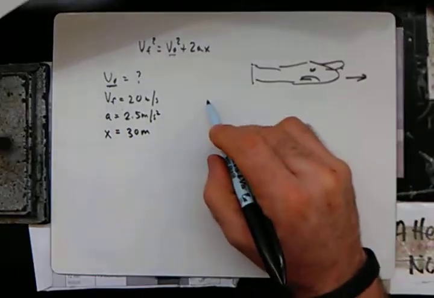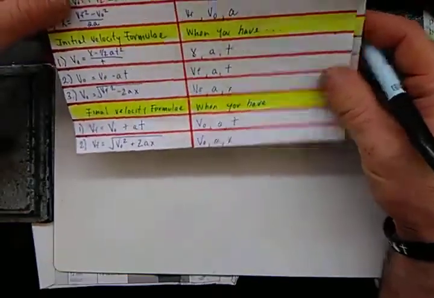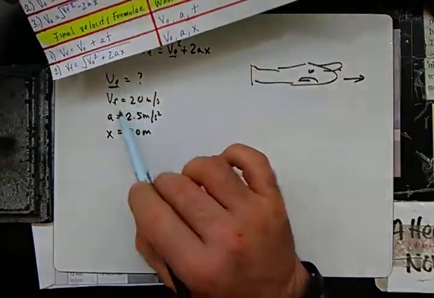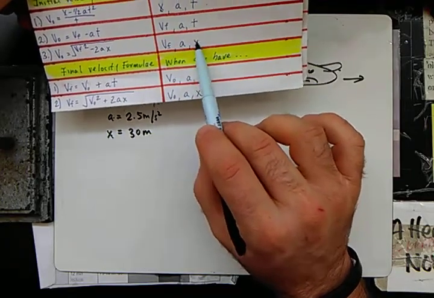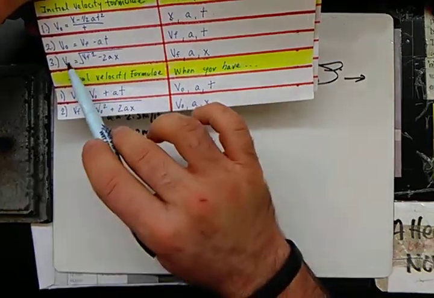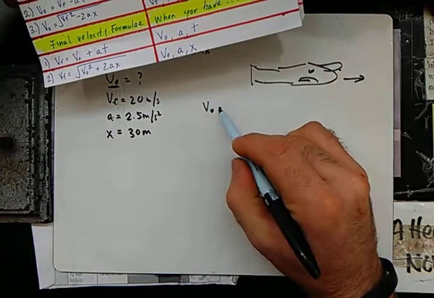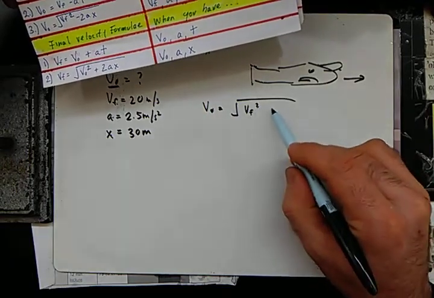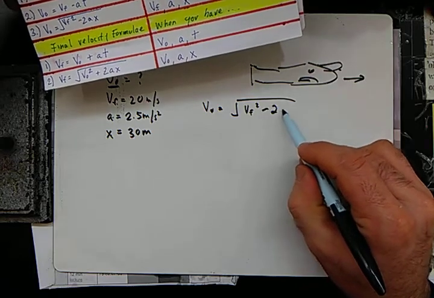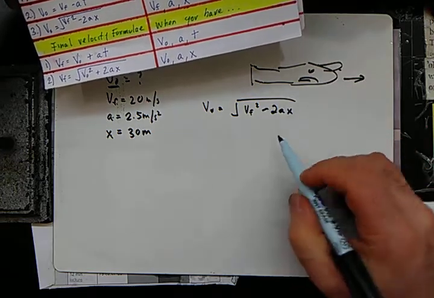Looking at our initial velocity formula, I used VFA and X. So initial velocity is the square root of final velocity squared minus 2ax.